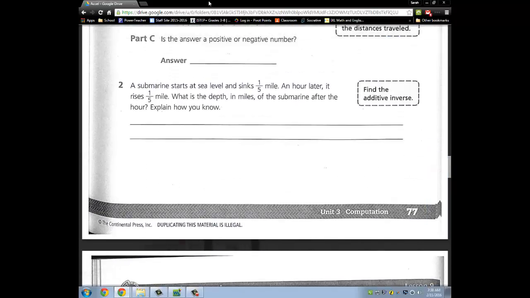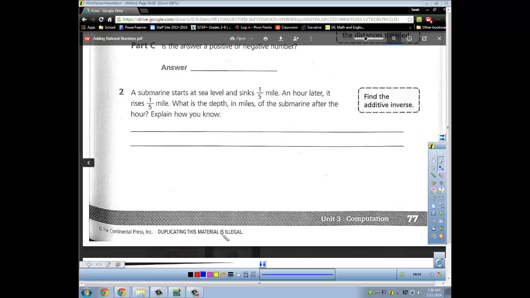Your last question before you do the problems on your own. A submarine starts at sea level and sinks 1/5 of a mile. An hour later, it rises 1/5 of a mile. What is the depth in miles of the submarine after the hour? Explain how you know. So first, it sank 1/5 of a mile, so that's negative 1/5. And then it rose, so rising means add, so add 1/5.